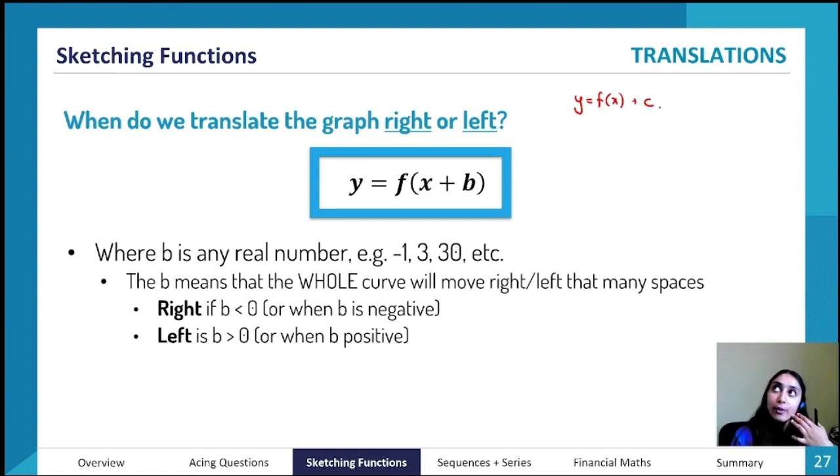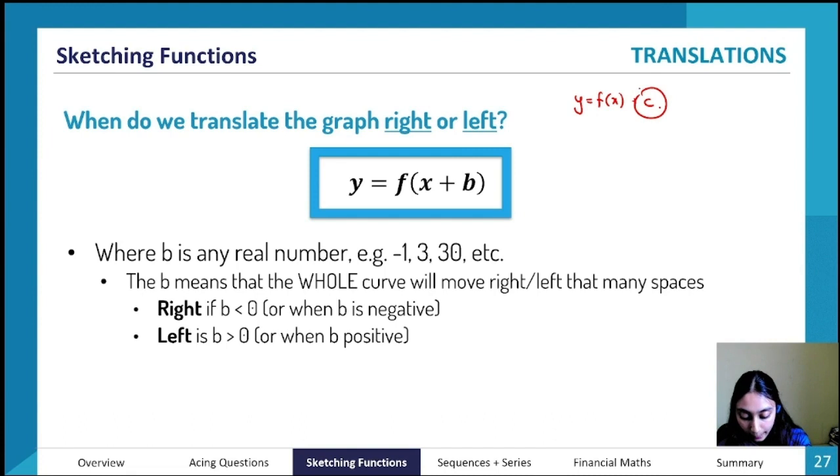The way that I remember which variable is being impacted by these translations is by actually looking at where the b and the c actually are. So if you take a look at your c over here, it isn't actually inside with f of x the same way that b is. So c, if it's not related to x, it would need to be related to y.